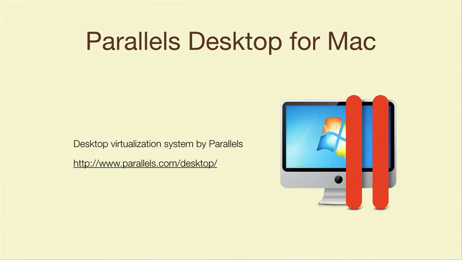Moreover, for Vagrant, we have developed our own provider for the main product produced by our company, Parallels Desktop for Mac. In a few words, this is a desktop virtualization system for Mac computers, allowing you to run virtual machines on Macs.